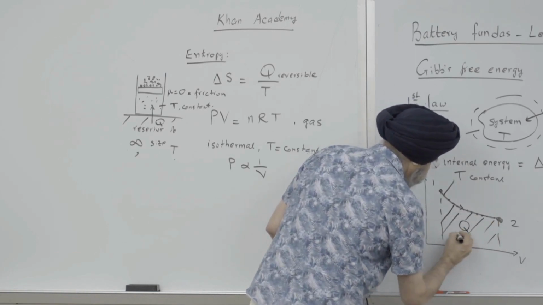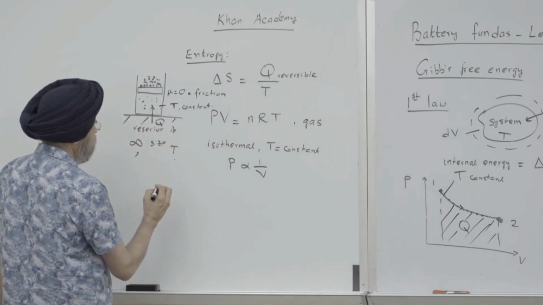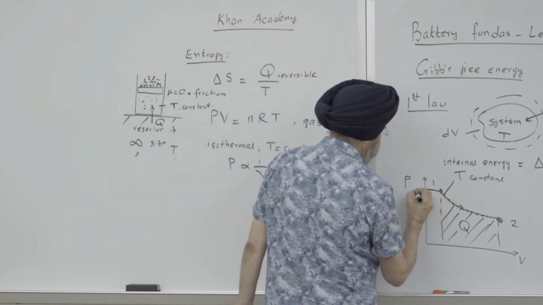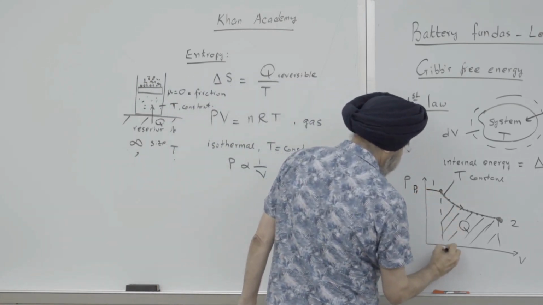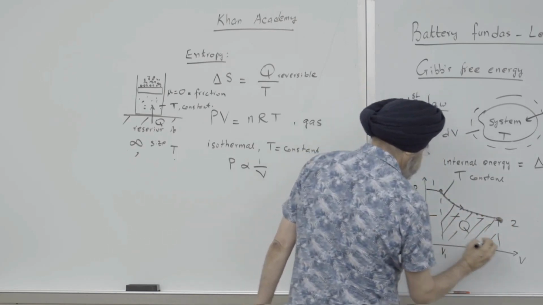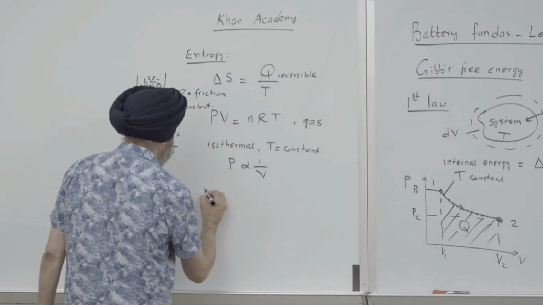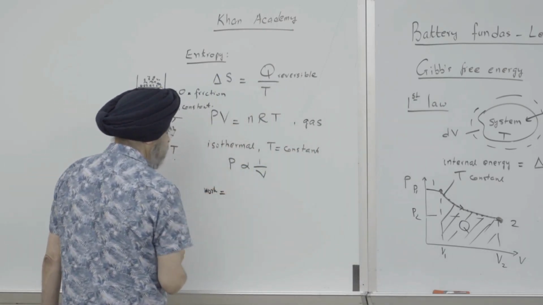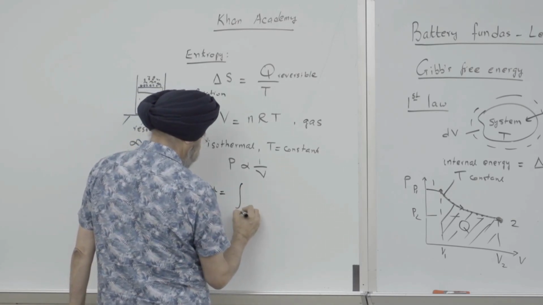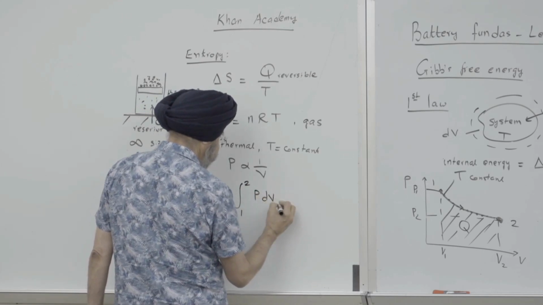Why do I write Q over there? So let's see. This is like pressure 1, volume 1. We're going to pressure 2, volume 2. So the work done is equal to the integral from position 1 to position 2 of P dV.